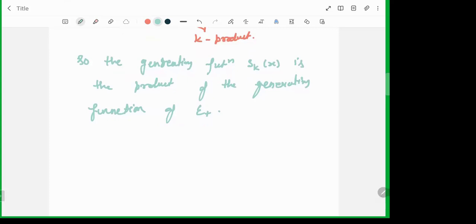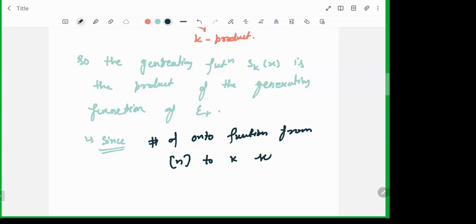Now we have seen already that the number of onto functions from an n set to a k set is k factorial times S(n,k), since, as I mentioned above, we can interchange the blocks.